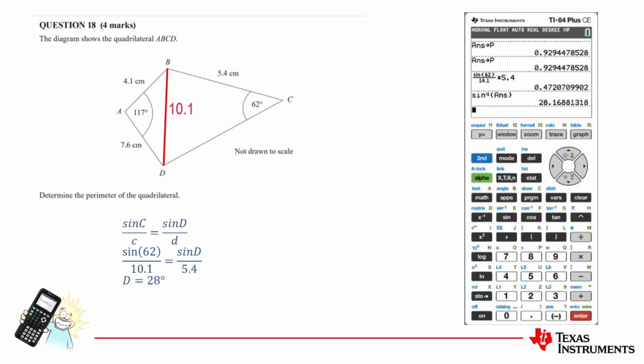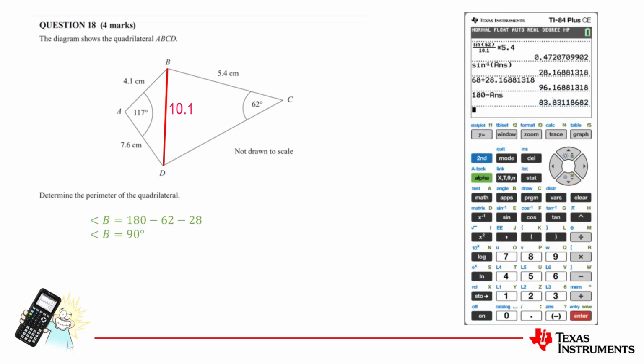Then I knew that if I had 68 plus that 28, and I can just copy down that answer by using the arrow toggles there. So if I had 68 plus that answer, altogether that gives me 96. And if I minus that from 180, that gives me 80. Oh, sorry, I've used 68 there. I should have used 62.